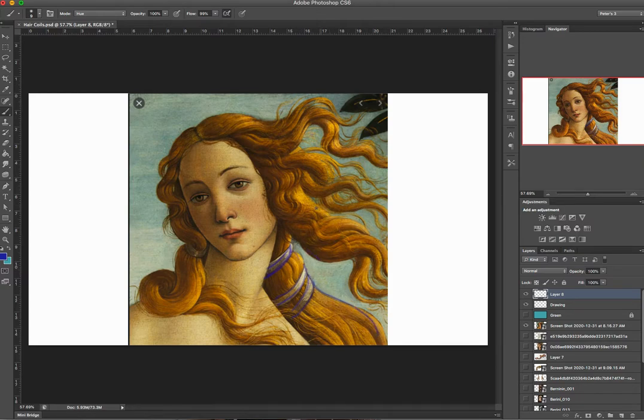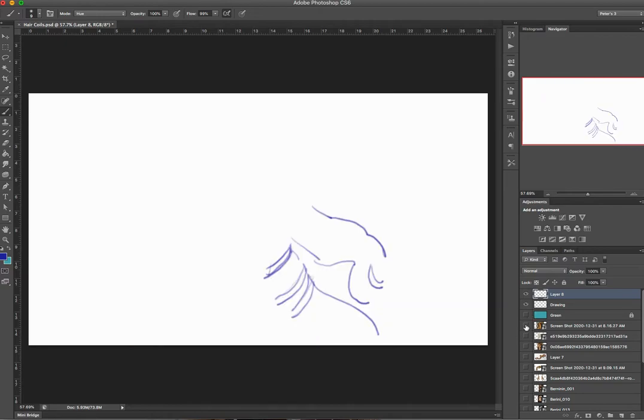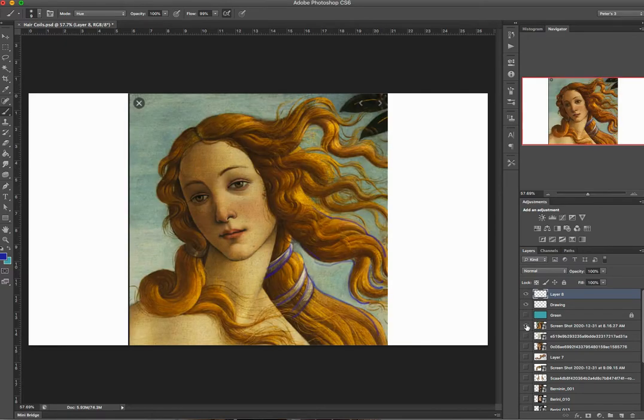Then we see that we have this tube here, forming these patterns.